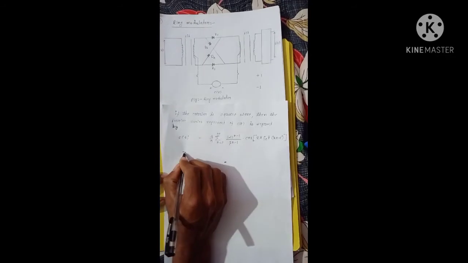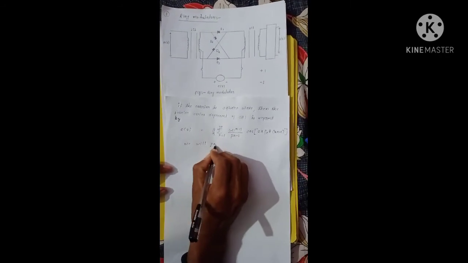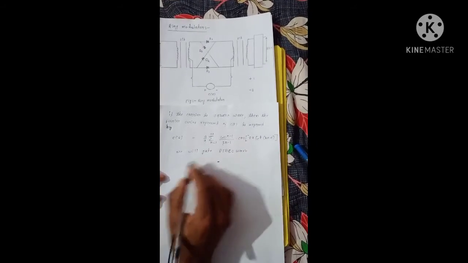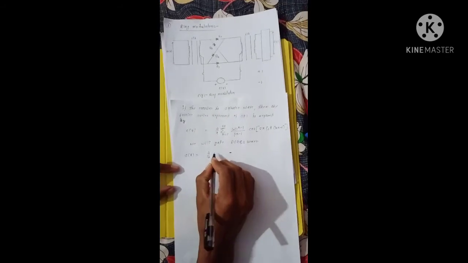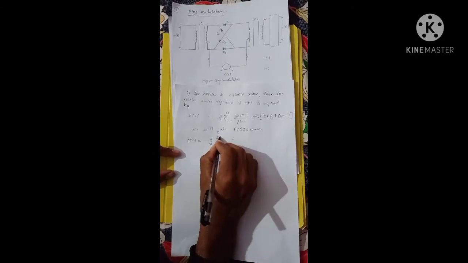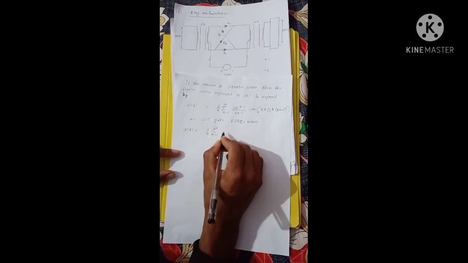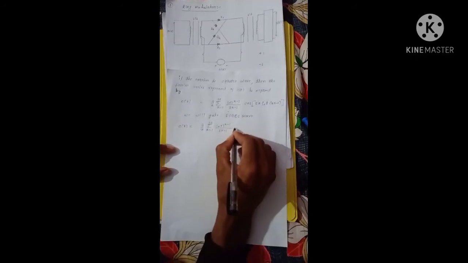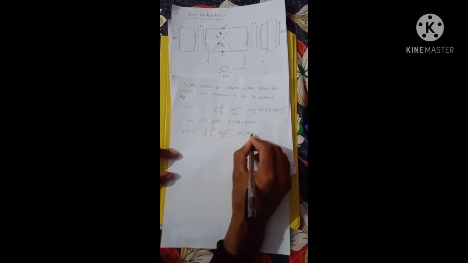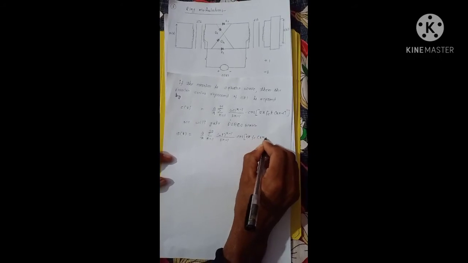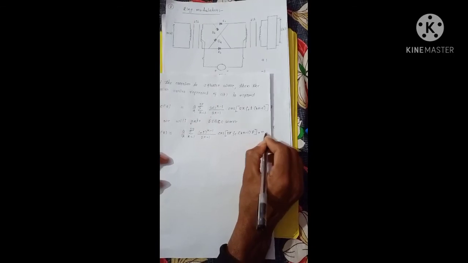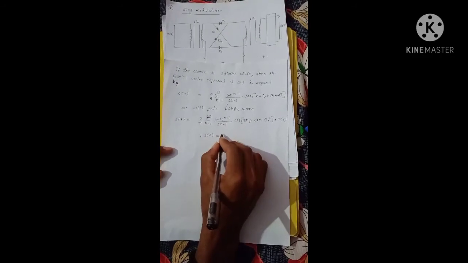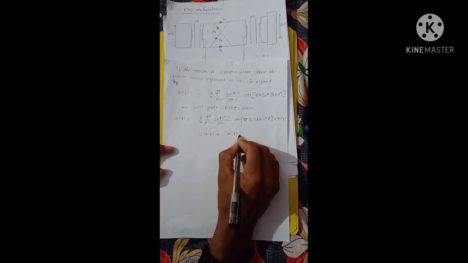So we will get the DSBSC wave S(t) is equal to 4/pi summation n equal to 1 to infinity, -1 raised to the power n-1 upon 2n-1 into cos 2 pi fc (2n-1) t into m(t), because S(t) is equal to m(t) into c(t).